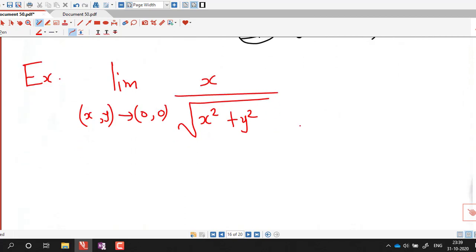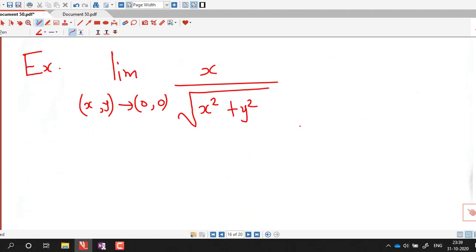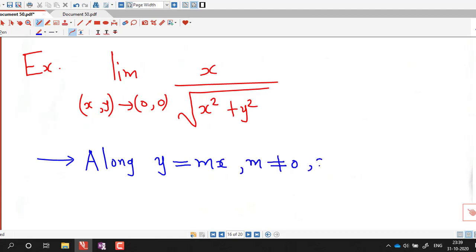So here also we can check either along the x axis or the y axis, but we will not go in that direction. We will check along different paths. So first we check the limit along y equal to mx, that is, all possible lines passing through the origin. So first we check along this path.